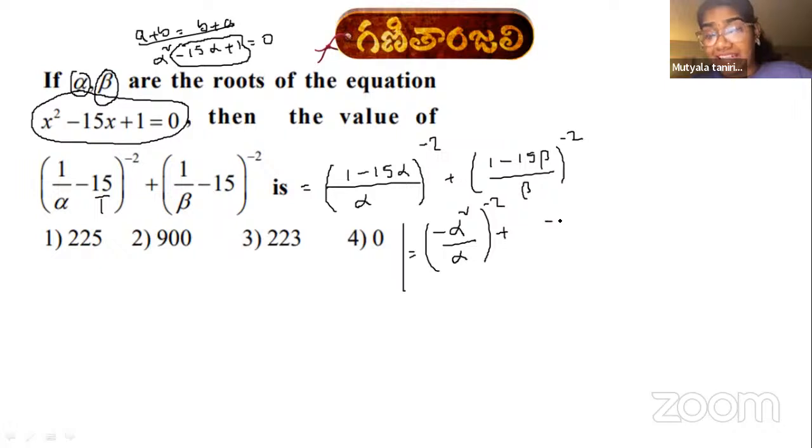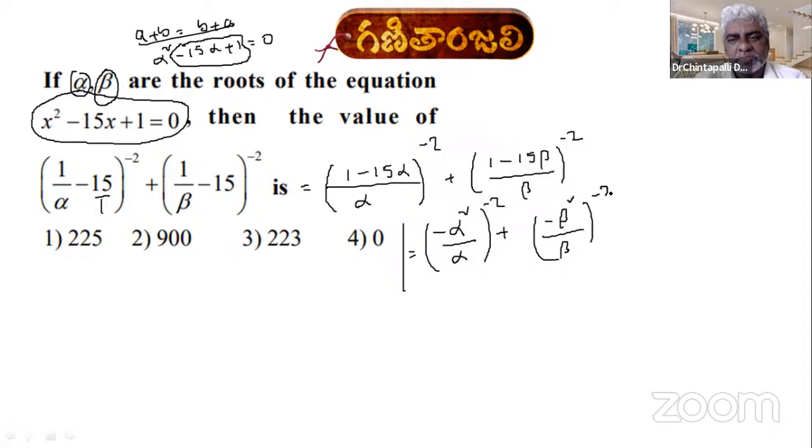Next, (negative beta square by beta) whole to the power of negative 2. Alpha square by alpha is nothing but minus alpha. So (minus alpha) whole to the power of minus 2 plus (minus beta) whole to the power of minus 2.